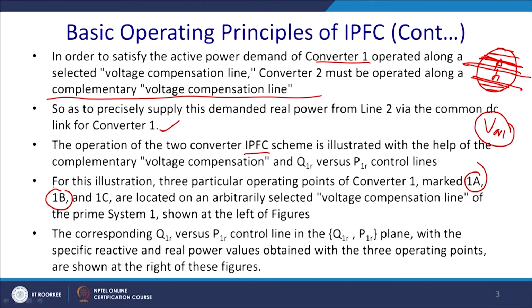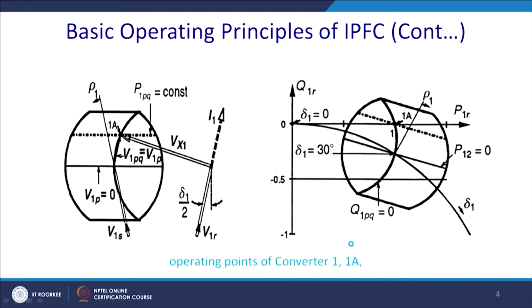So, we mark A1, B1, C1; these are the 3 operating points of converter 1 of the IPFC. The corresponding Q1R, P1R of the line in the Q1R and P1R plane, with the specific reactive and real power values obtained at the 3 operating points, are shown in the coming figure.